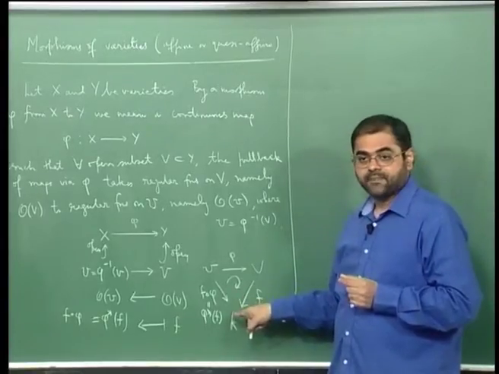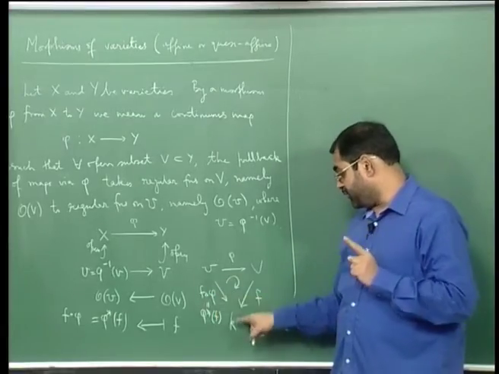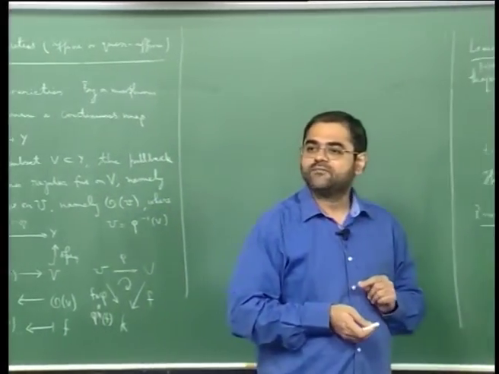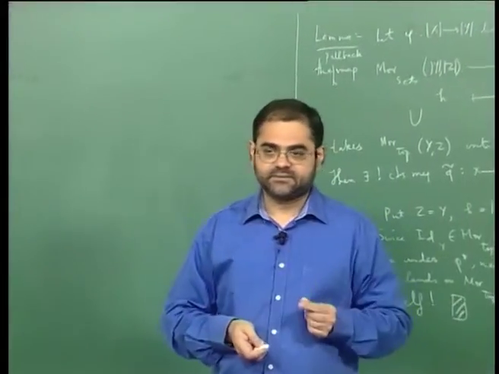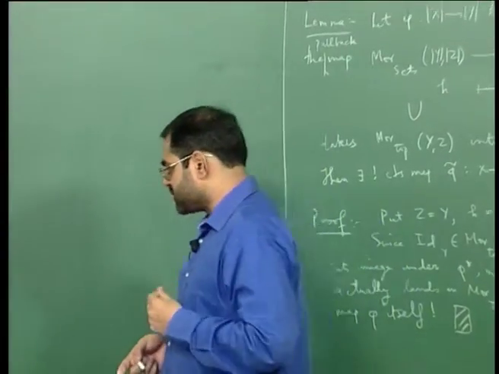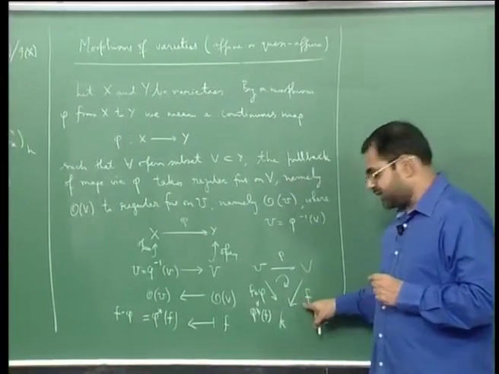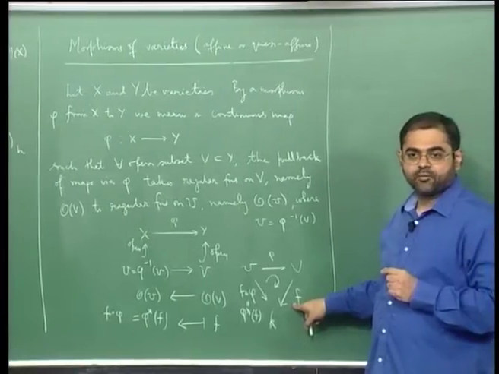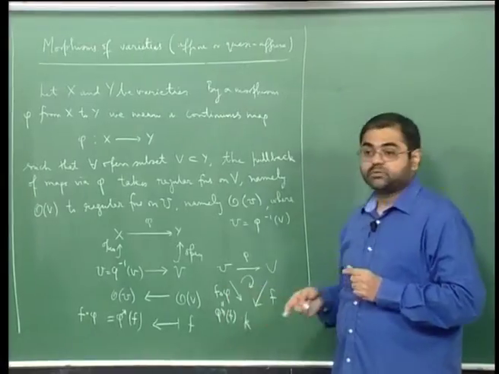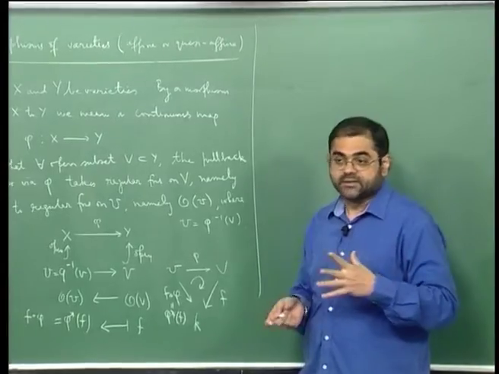is continuous. But our requirement is that it's not just a continuous map from U to K for the Zariski topology, it should actually be a regular function from U to K. That is the requirement, so that is what has to be singled out. So the moral of the story is, if you take a regular function on an open subset of the target and take the composition, what you get on the source is not just a continuous function.